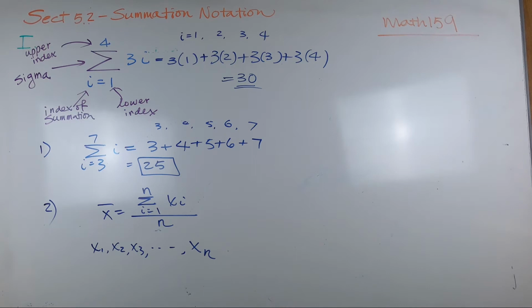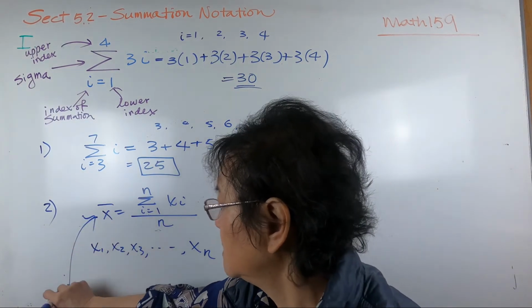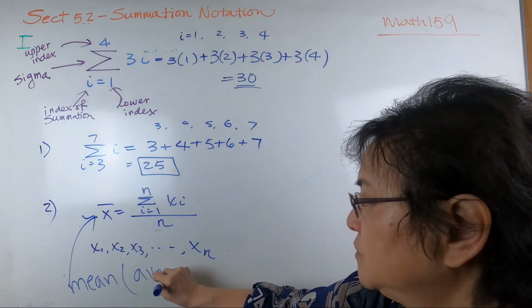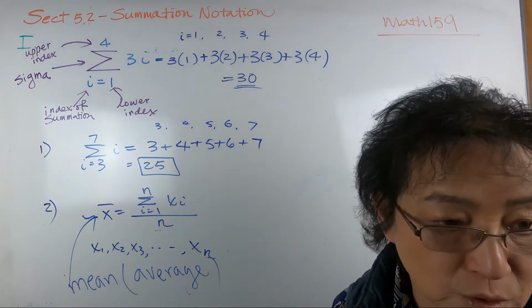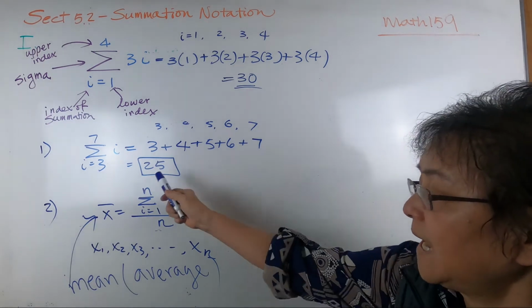On your number 2, that's the formula given, and x bar means the average. Mean means average. We use this formula. What it really means is you add all the items up.